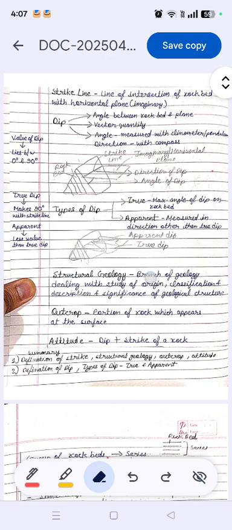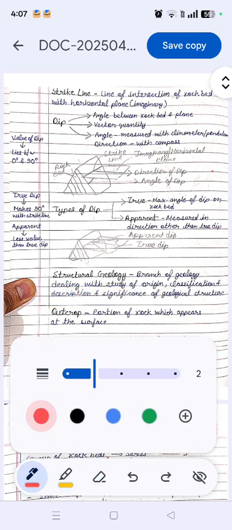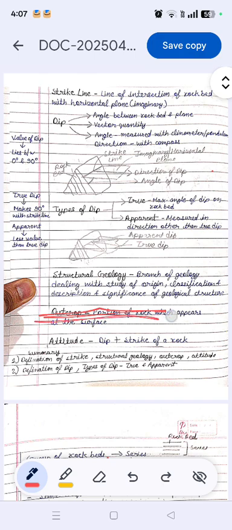Suppose this is the ground. This is the rock portion below, and this is the rock portion above.